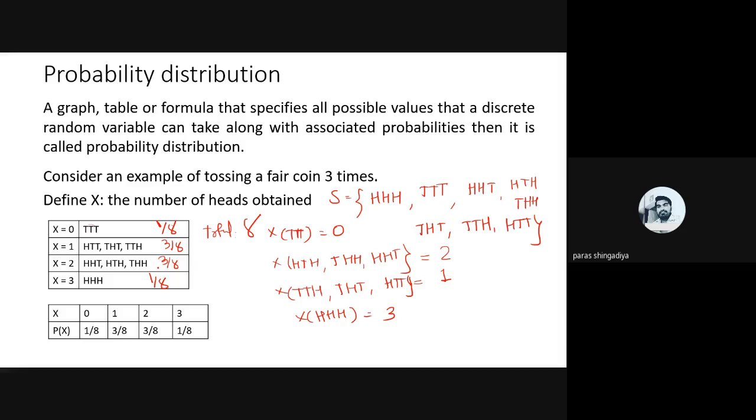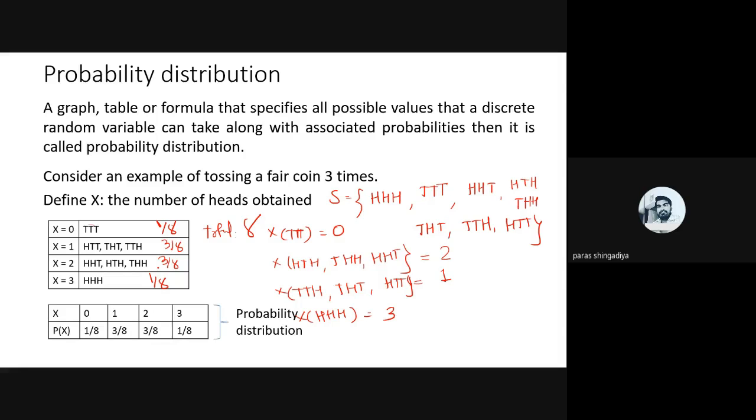And for x equal to 3, there is only one outcome, one possibility we have, so probability for x equal to 3 is also 1 by 8. Okay, so this table, where the values of the random variable are associated with their probabilities, is called the probability distribution of the given experiment.